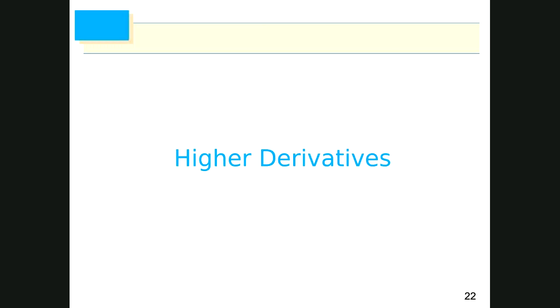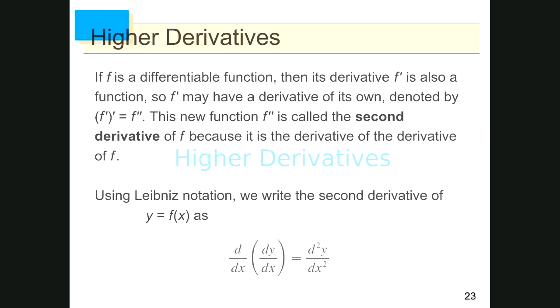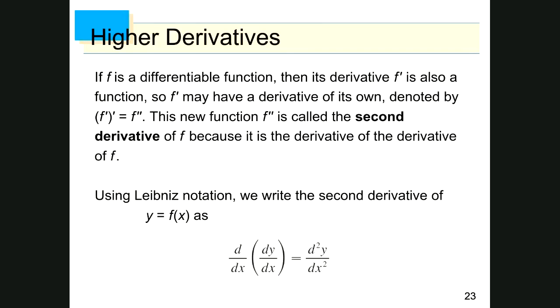Higher derivatives, what does higher derivative mean? So far, we've only looked at f prime of x. Higher derivative means we're looking at f double prime, f triple prime, so second, third, fourth derivative, and so on, all right? And how does the notation look? If I take f prime of x and I differentiate it again, I get f double prime. This one is called the second derivative.